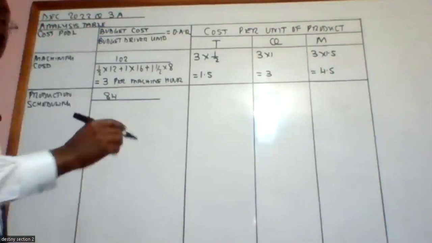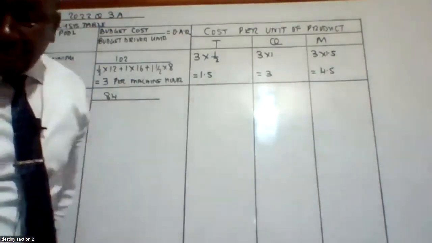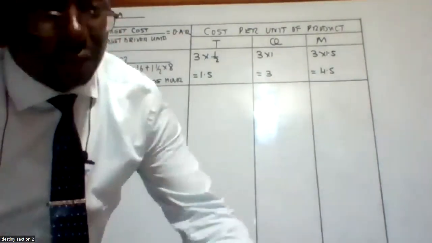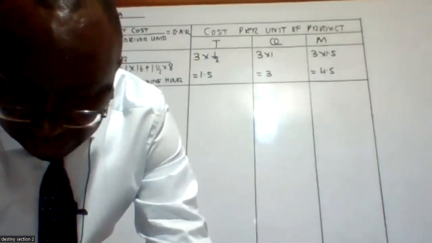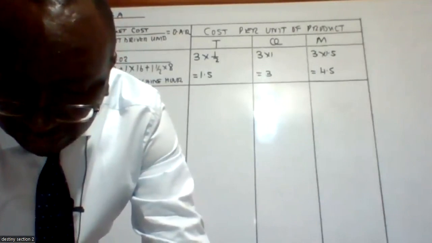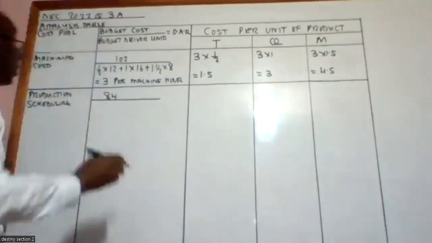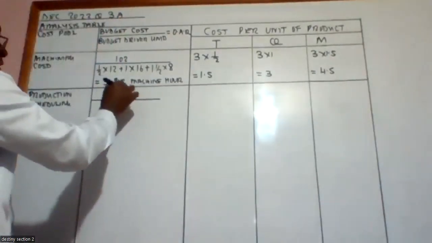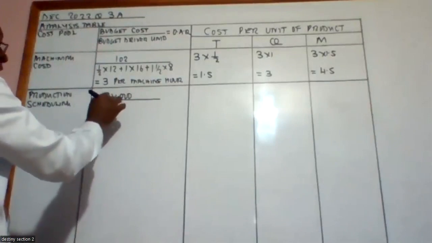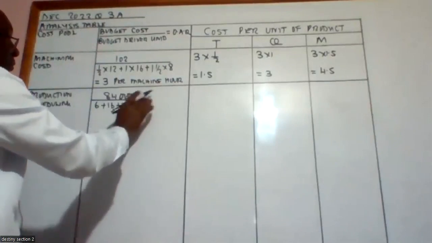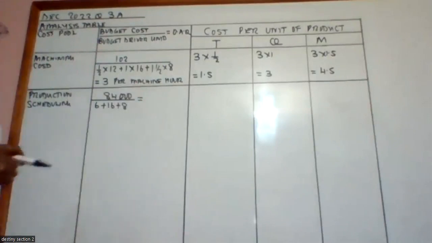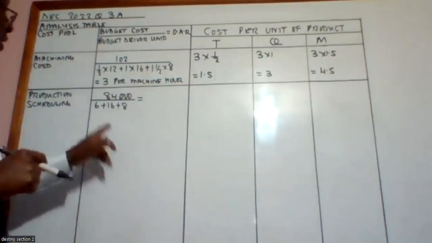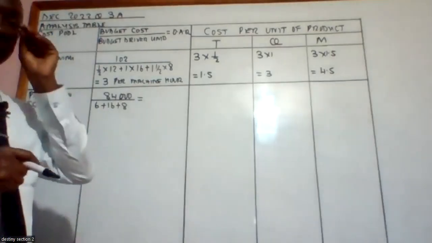So let's check the number of production runs. If you turn to the other page, the number of production runs are not in thousands. It is 6, 16, and 8. So now we put it in thousands: 6 plus 16 plus 8. So we divide all of it because the denominator is not in thousands.